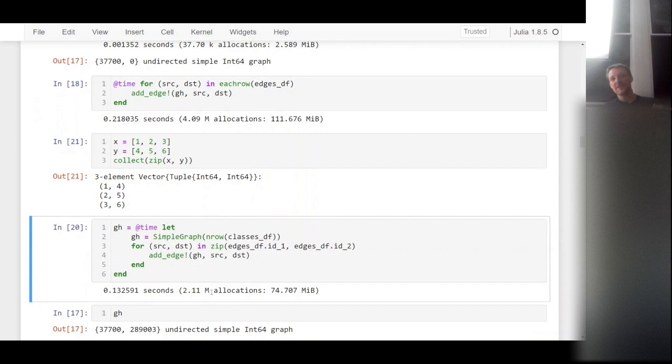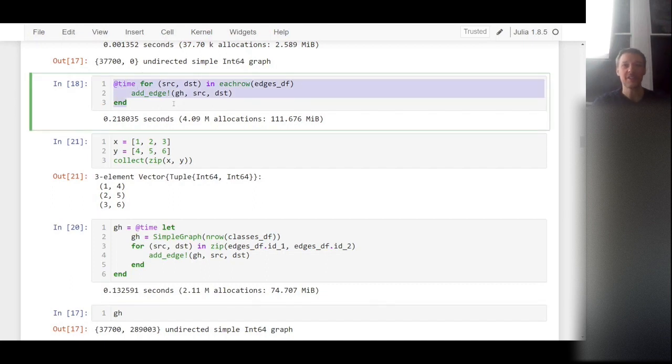And the difference is, and this is a bit more advanced topic, so I didn't plan to cover it in detail, but if someone is interested, you can write me an email, that I have turned with this let and with this zip the code into a so-called type stable code. So when I'm running this operation, Julia is not aware of types of data. So it runs in a so-called interpreter mode. It must dynamically check the type of data that I am working with.